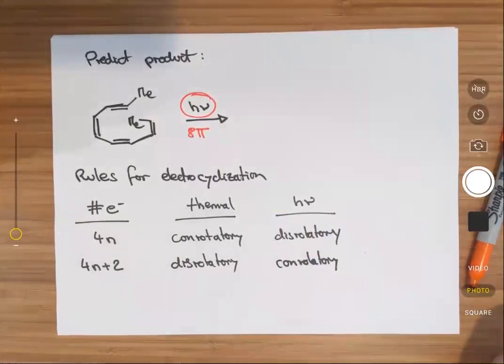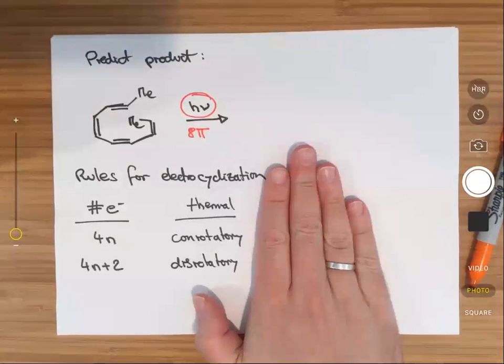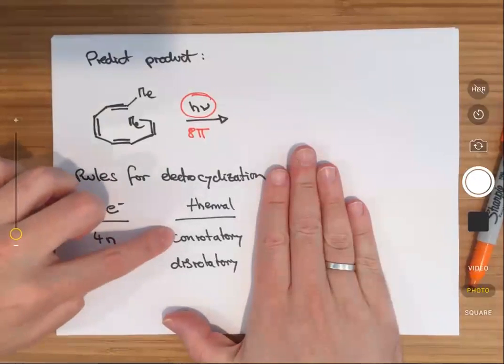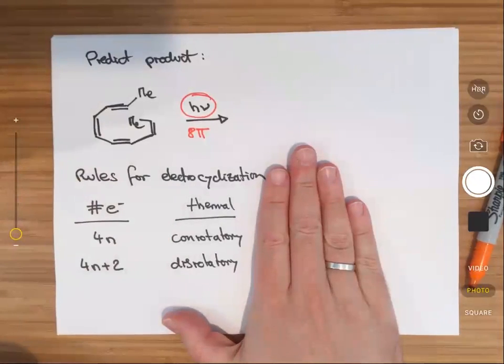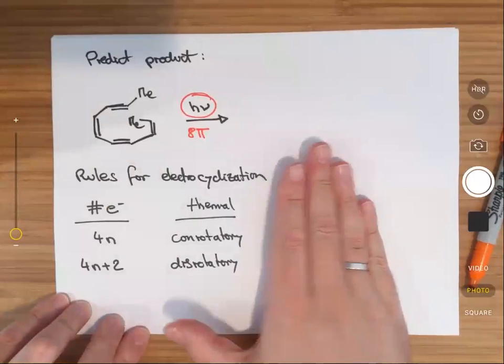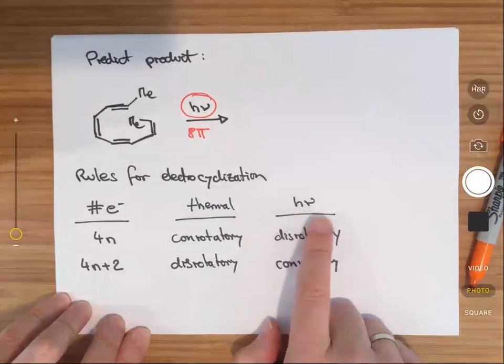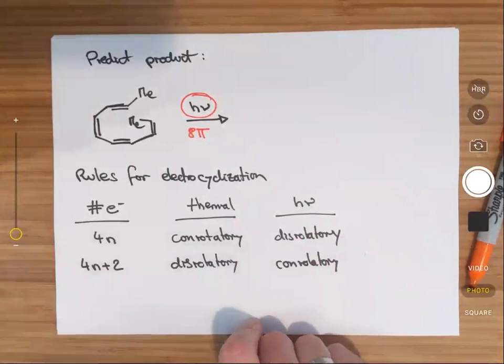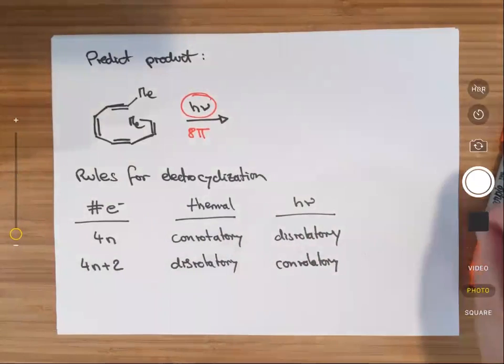So all you need to actually memorize is basically only half of that table. You have to know that 4n under thermal conditions is going to be conrotatory, and 4n plus 2 under thermal conditions is going to be disrotatory. The only other thing that you need to remember is essentially that under photochemical conditions, this rule is just inverted, right? So it's relatively straightforward to figure this out.